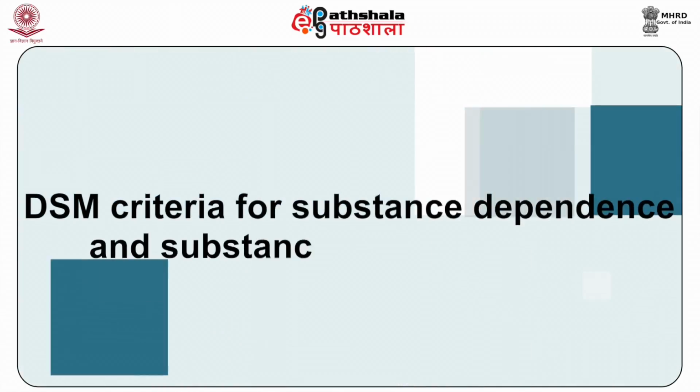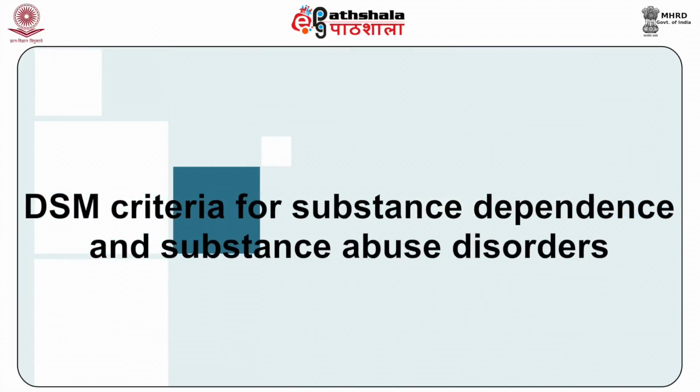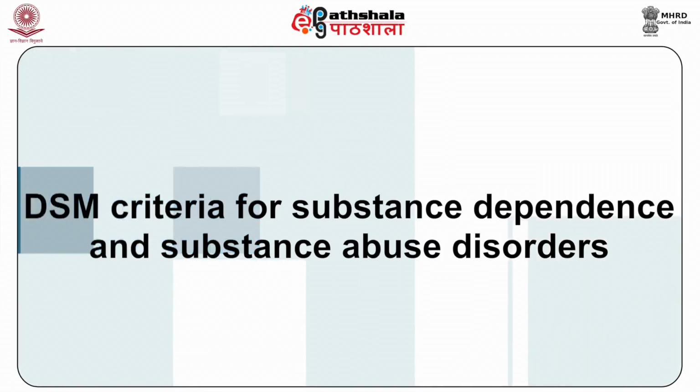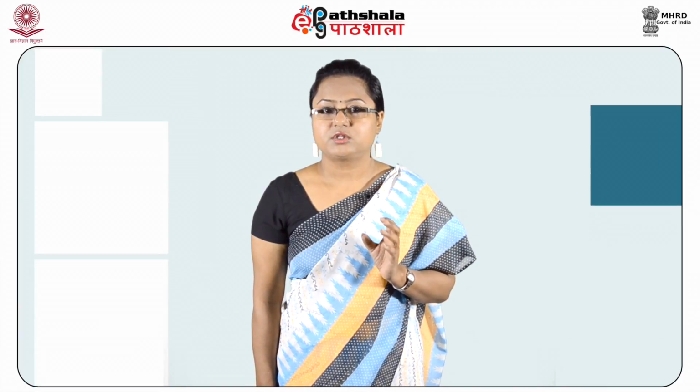When we look at the DSM criteria for substance dependence and substance abuse disorder, there is a maladaptive pattern of substance use leading to clinically significant distress or impairment as manifested by at least 3 of the situations occurring at any time in the 12-month period.